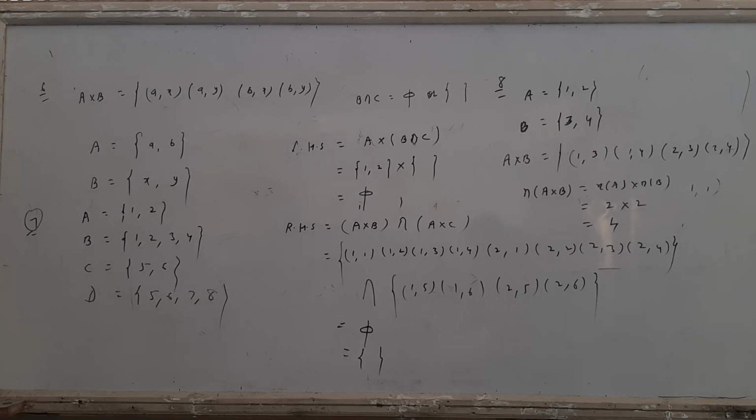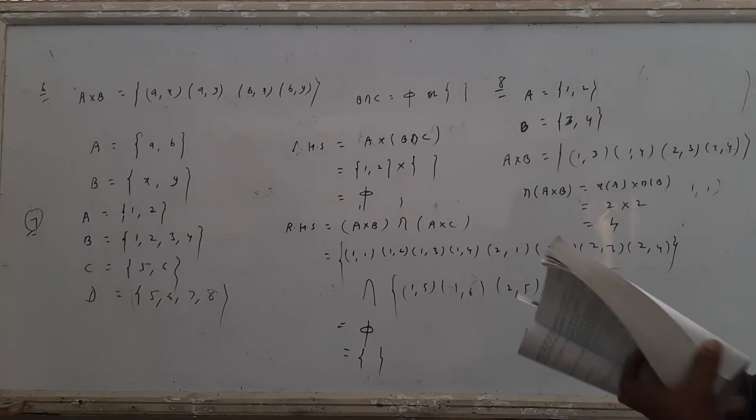So students, please solve this exercise. Exercise 2.1 is a very easy, very simple exercise: only the Cartesian product, and then finding subsets. So there are 4 elements.